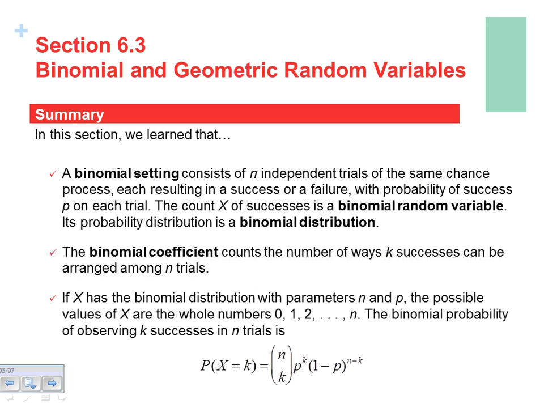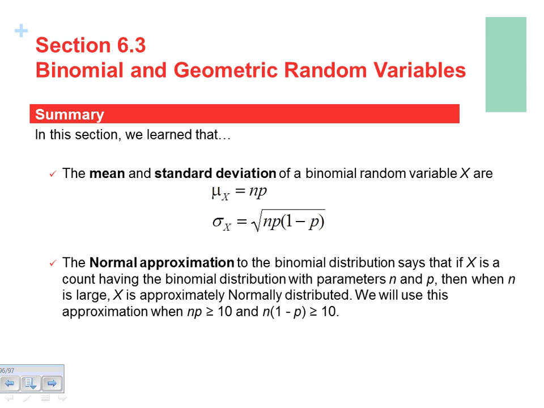So what we've learned about binomial settings, you can use this formula or you can use your binomial CDF as long as you're explaining everything. The mean and the standard deviation for binomial, how to approximate normality using the n times p and the n times 1 minus p. So 10 successes, 10 failures.